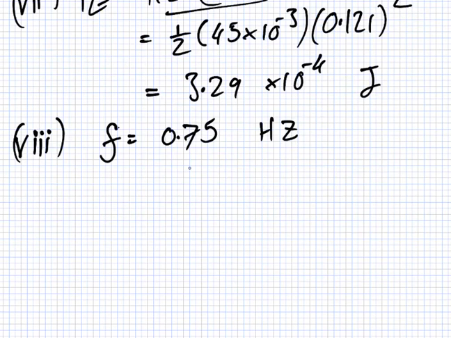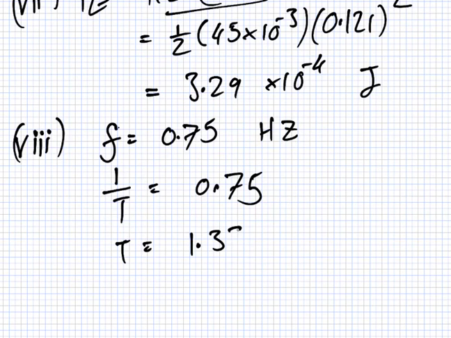Frequency is 1 over time equals 0.75. So that means time is 1.33. Let's double check that. Okay, I'll believe you. 1.33 seconds, thank you. Now, time is 2 pi root L over G.